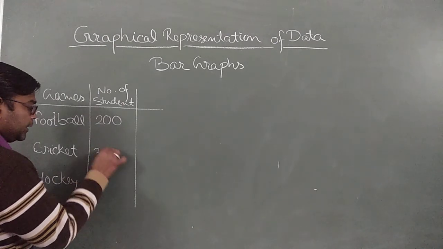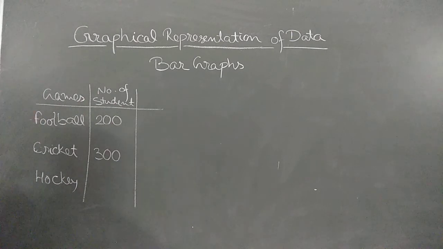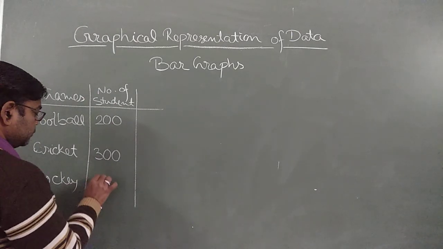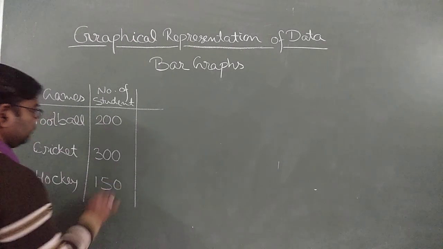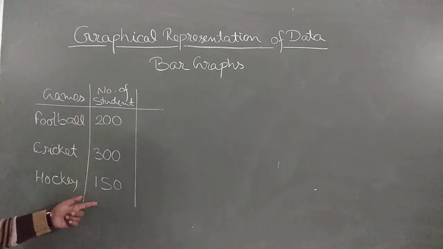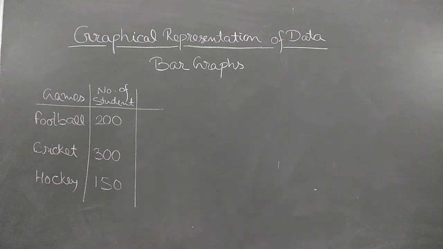More students like cricket, so 300 students like cricket, and very few students like hockey, it's 150. So this is the data we observe from the survey. Clear? The strength of the school is near about 650. So this is the data. How do we represent this data?